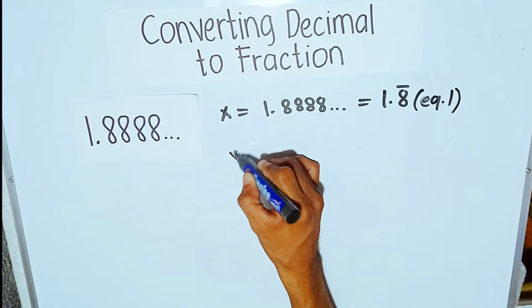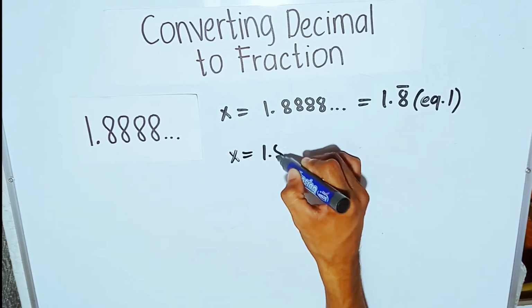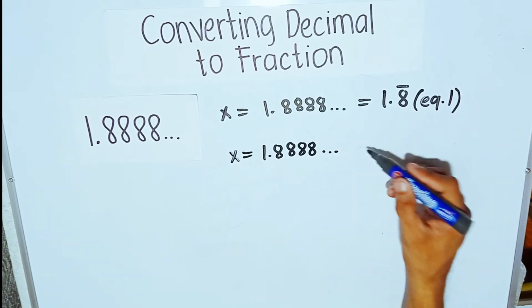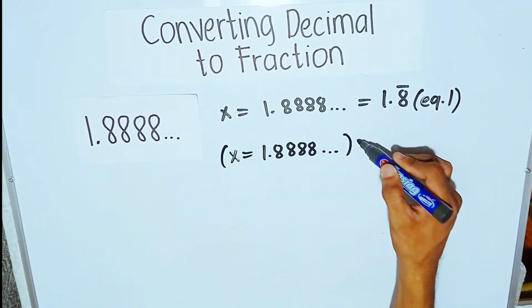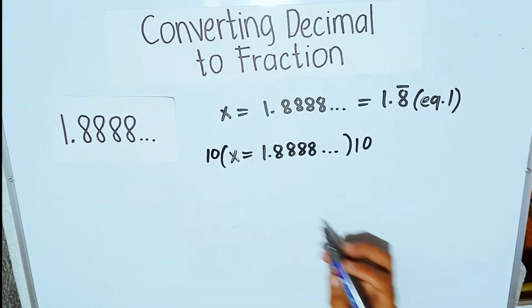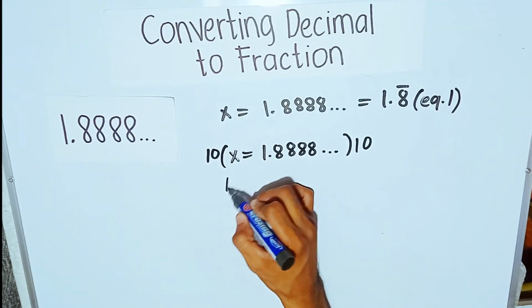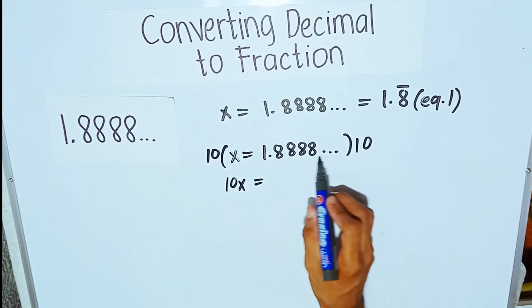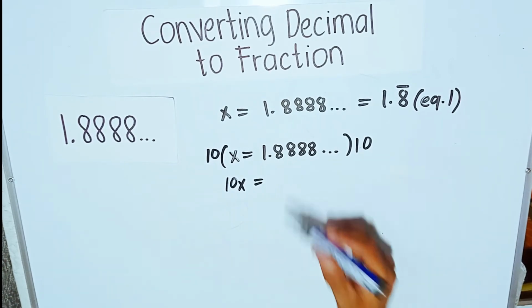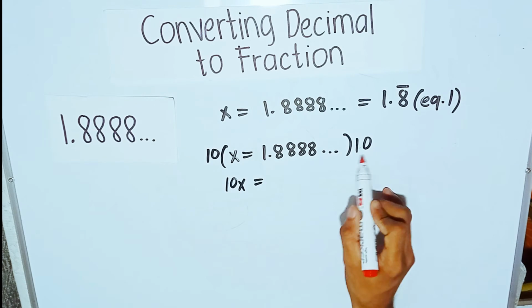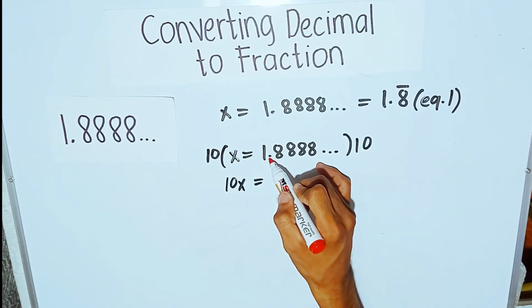So, copy natin ulit yung x is equals to 1.8888. Then, multiply it by 10, both sides, para makuha natin yung equation number 2. So, 10 times x, we have 10x. And then, 10 times this 1.88888. Mag-move lang ulit tayo ng decimal place from left to right. Since 10 lang to, mag-move lang tayo ng isa.